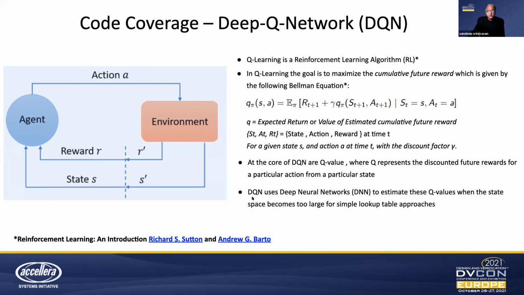So now DQN is just a Q-learning algorithm that uses a deep neural network. And the reason we use a deep neural network is when the state becomes very large for a simple lookup table. So we use a DQN, which is a Q-learning algorithm with a deep neural network.